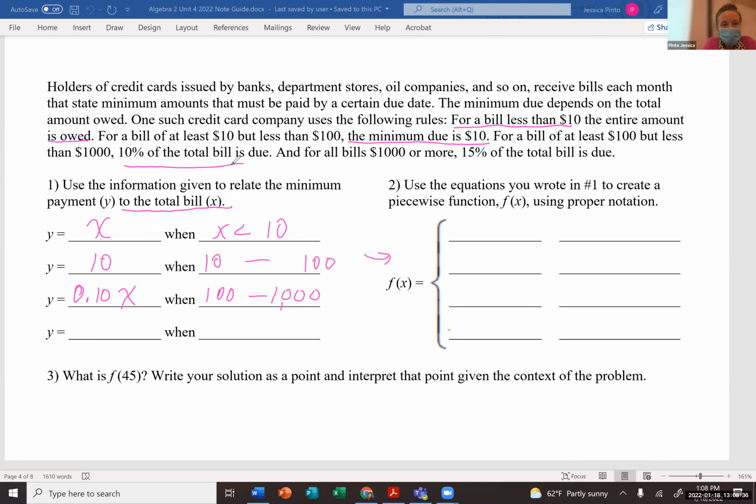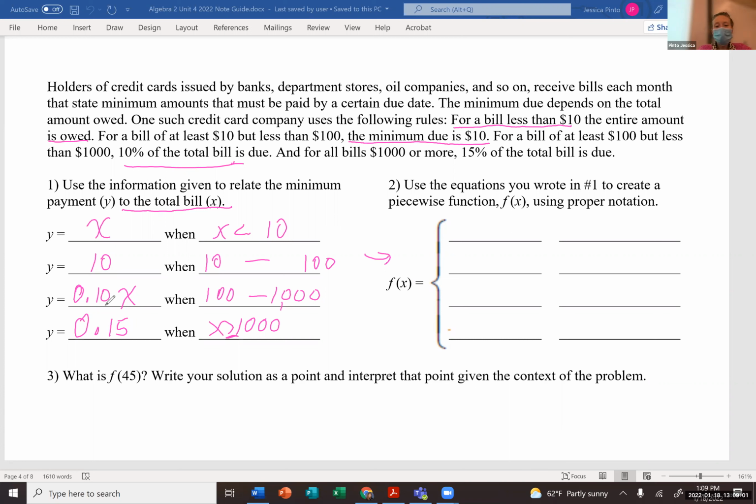So I just did the 10%, okay. And then for all bills $1,000 or more, so x is greater than or equal to 1,000. Then it says 15% of the total bill is due, so I'm going to say 0.15.